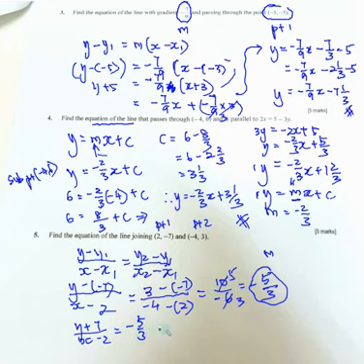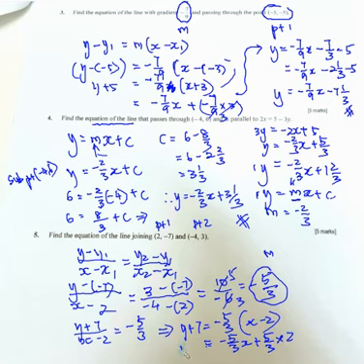I'm going to bring this term to the opposite side, so y plus 7 equals minus 5 over 3 times x minus 2. Now, minus 5 over 3 x, and minus times minus becomes plus, so it's 5 over 3 times 2.